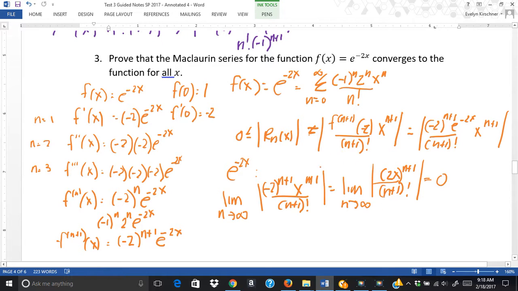So I know that my remainder is going to 0 as n goes to infinity. So since the remainder is going to 0, so that's the difference, the error, since the error is going to 0, it converges. It converges for all x.